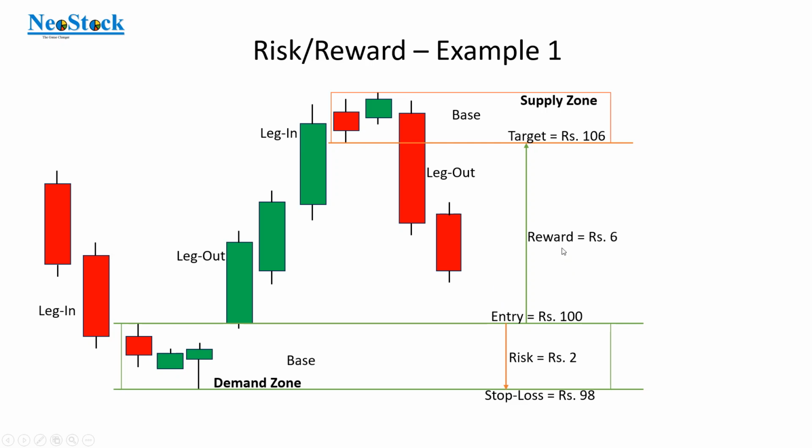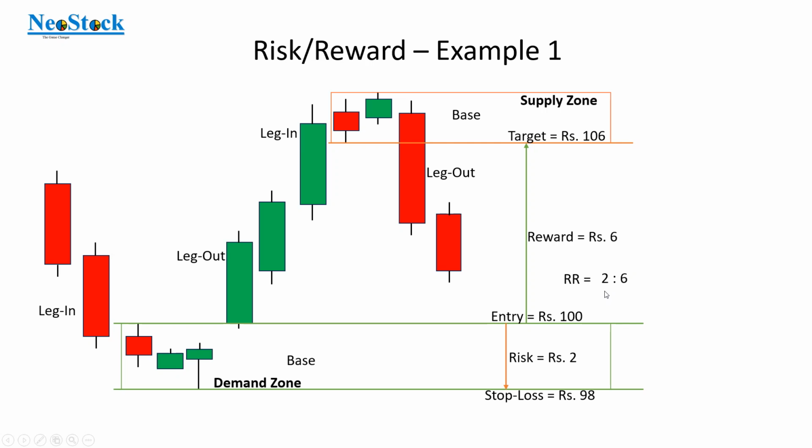If the trade is in your favor, you are willing to take a 6% reward. So that is the reason why we can calculate our RR as 2:6. For 2 rupees risk, you are expecting a 6 rupees reward.